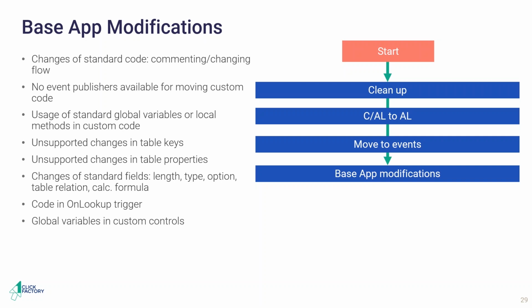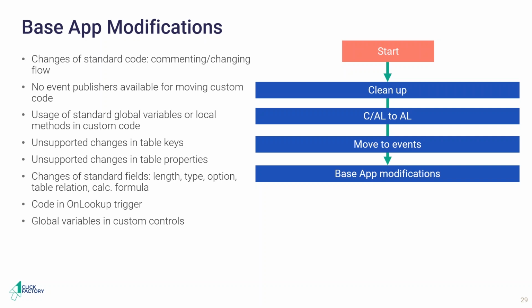These are the unsupported changes when moving from C/AL to AL, or basically to extensions. If I have any type of flow-changing statements, for example if statements or switch statements, I'm not able to move this code to a separate extension.